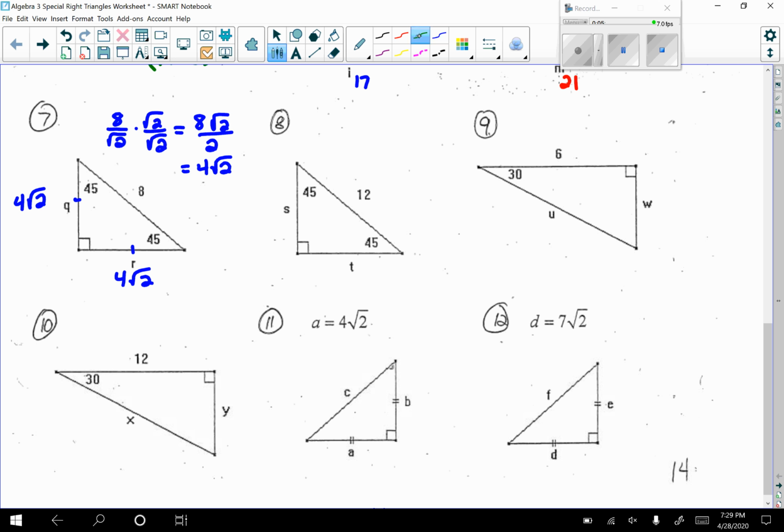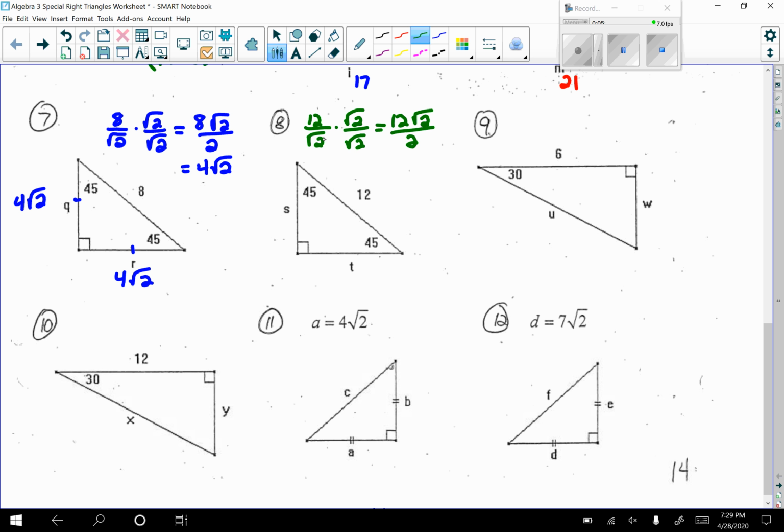All right, likewise for number 8, the hypotenuse of a 45, 45, 90 triangle is given to us. I'm going to take that 12, divide by radical 2, and I need to rationalize. So this will give me 12 radical 2 over 2. Now, you don't always have to show this step. If you notice with what we did in 7 here, 8 over radical 2 will turn into 8 radical 2 over 2.